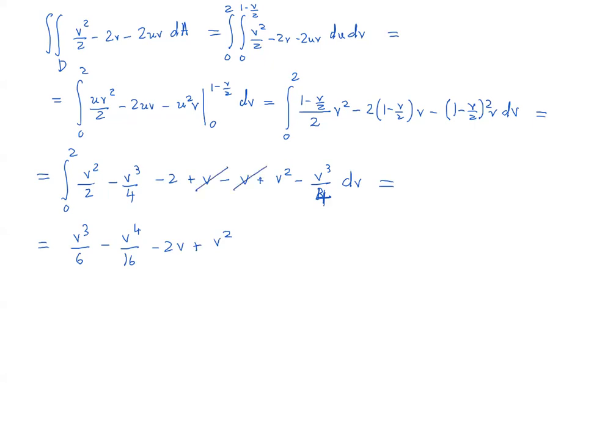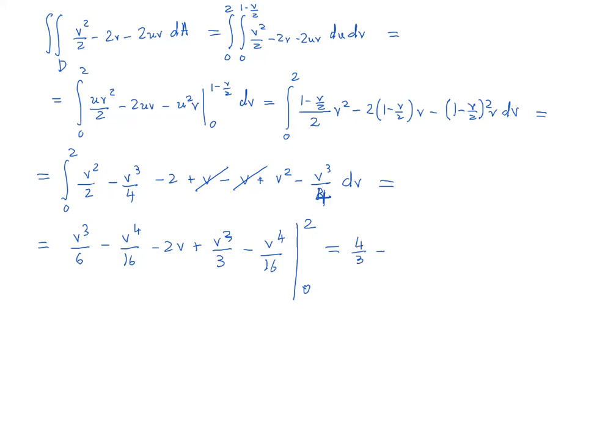So I'm going to jump directly to v cubed over 3 minus v to the 4th over 16, from 0 to 2. It is possible that I have made some numerical error, but this is the idea of this computation. If you set 2, you get 8 over 6, which is 4 over 3 for the first term.